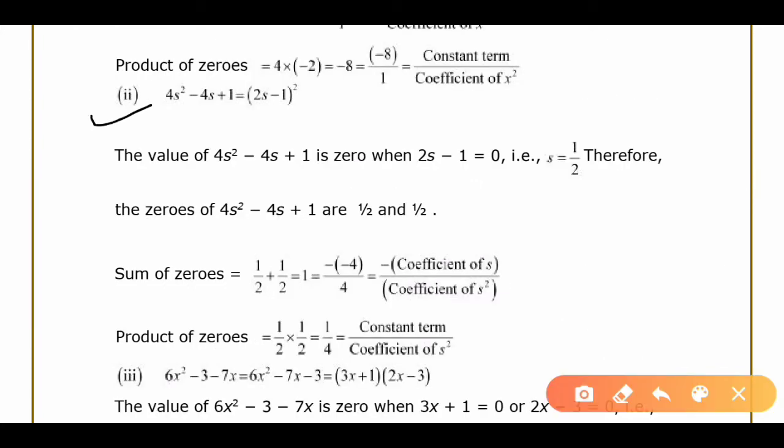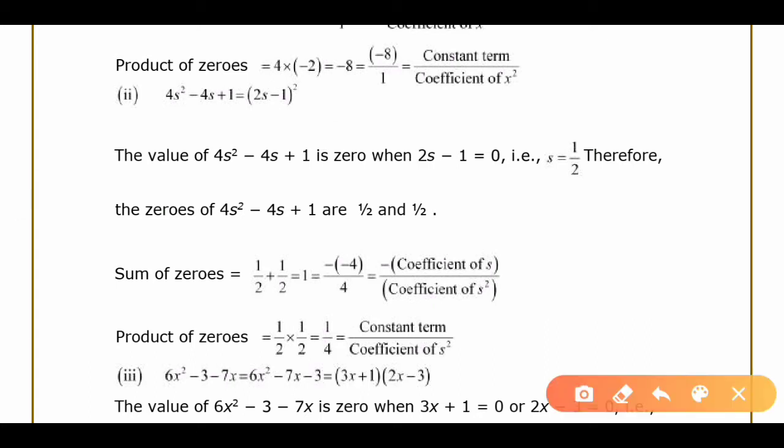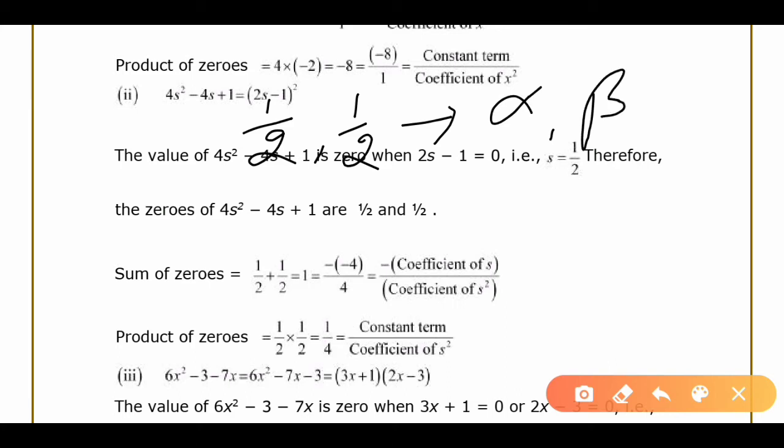Now the second numerical, 4s square minus 4s plus 1, and we can write it like this, 2s minus 1 whole square. So the solutions in this case will be s equals half and half, because we'll get two positive solutions. This is a quadratic equation. So our solutions are half and half, or we can say the values of alpha and beta are both half.